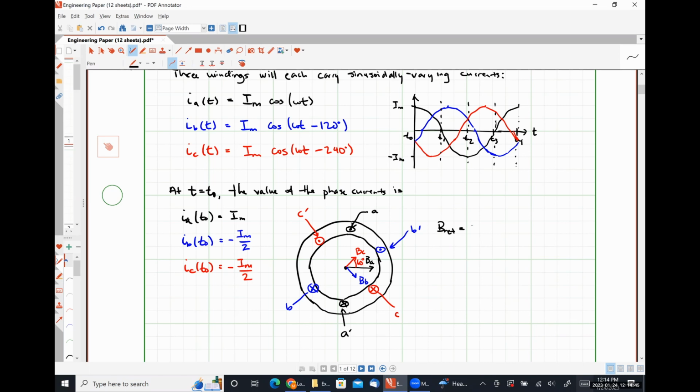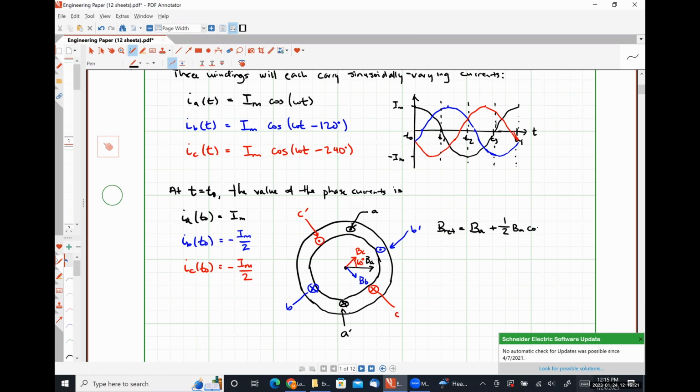So our net magnetic field is going to be whatever BA is, we'll get to that in a minute, plus the strength of BA. So I'm saying that since coil A has a current of IM and coil B has a current of magnitude IM over 2, the strength of that magnetic field should be half as large.